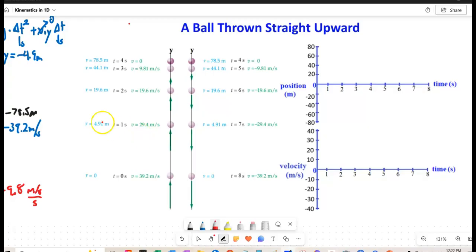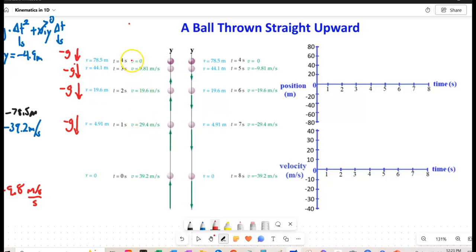So I'll write these acceleration vectors over here. Negative G. G again is gravity, which is negative 9.8. Okay? Now, once it leaves your hand at 39.2 meters per second, gravity is going to be subtracting from that initial velocity as it moves upwards for every 1 second.